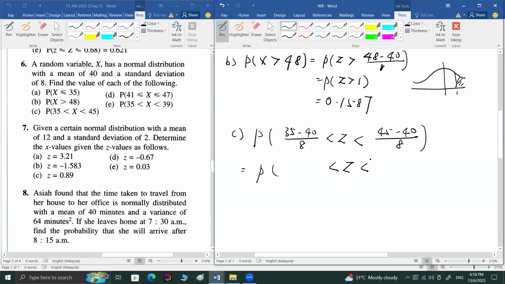So you get negative 0.625 and here I got 0.625. For this type of question, that lies between like this.